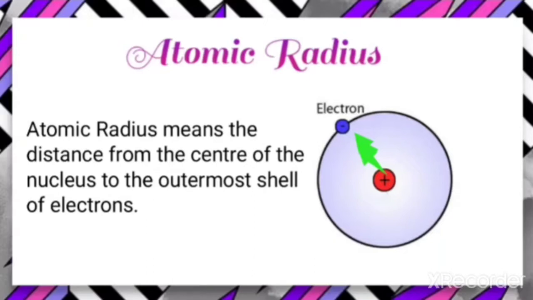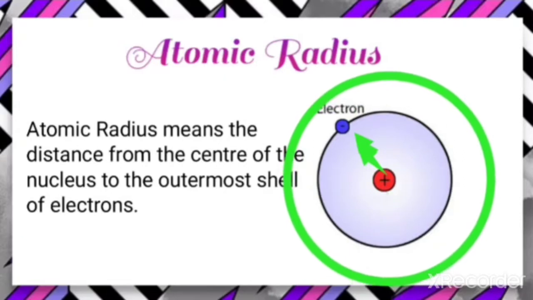In that case, you have to measure the distance from the center to the outermost shell. If there are two shells like this, what do we need to do? In that case, if there is a single electron here, you have to measure the distance from the center to the electron in the outermost shell.